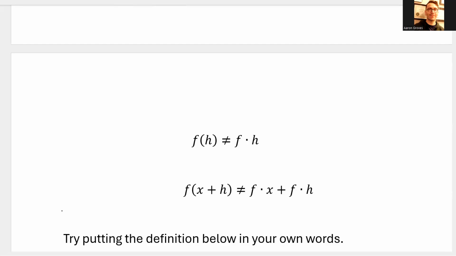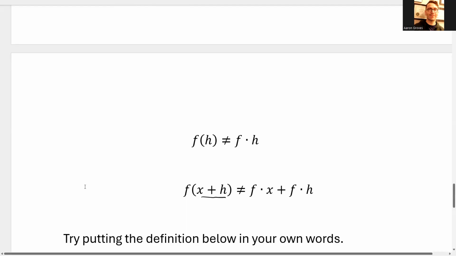It will definitely become more complicated when you start to plug in not just singular values into your function, but whole expressions like this. So you might consider this and think, I need to distribute my f into the parentheses, but that's just not the case.